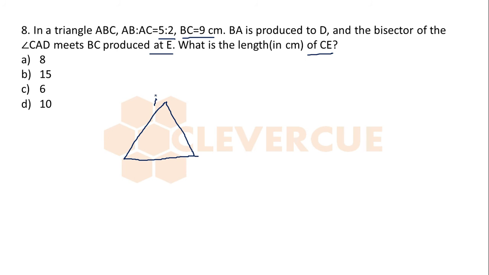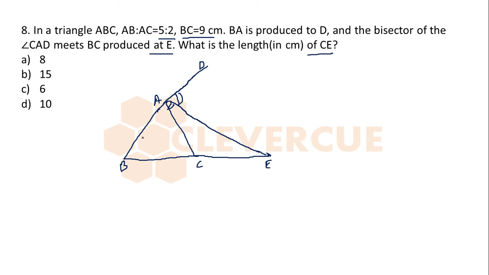This is the triangle ABC. It is given that BA is produced to D, and now the angle bisector of angle CAD. If this is the angle bisector, this intersects BC when produced at E. So this is the point E. Now this is the angle bisector.